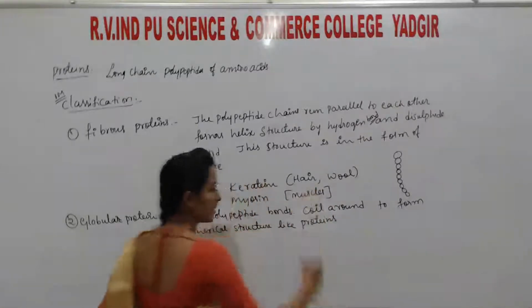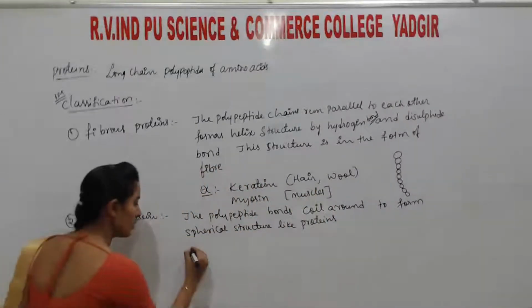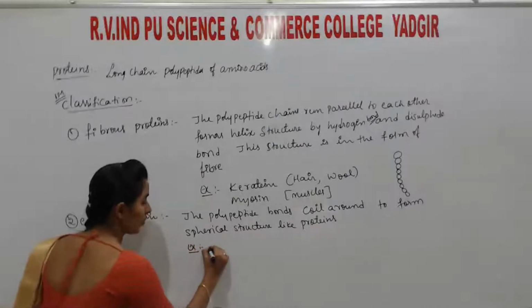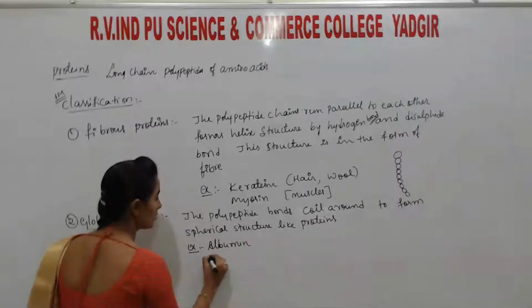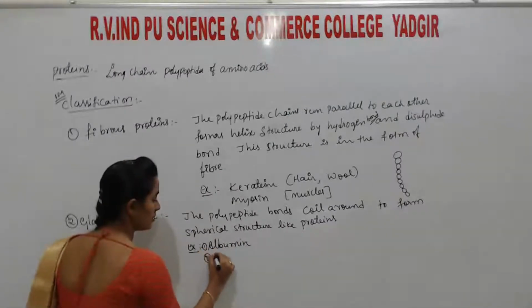That is called globular proteins. Here the examples are albumin and another one is insulin.